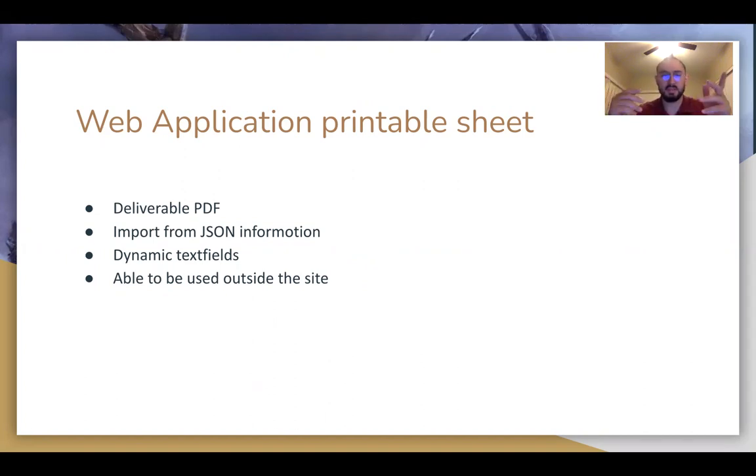And also, the reason for the PDF is for the user to be able to use their character sheet outside the UI. And also, they can go back and forth. If you want to change something, all the information is being stored in the cloud, and that information can be brought in, changed, and printed out again.